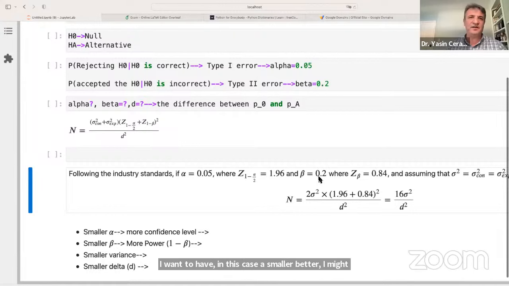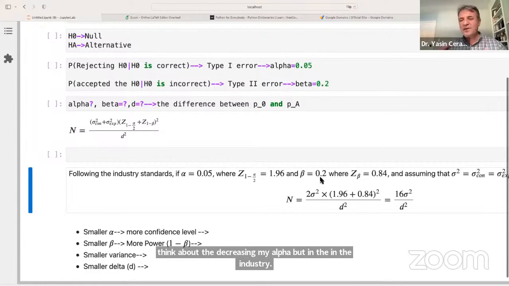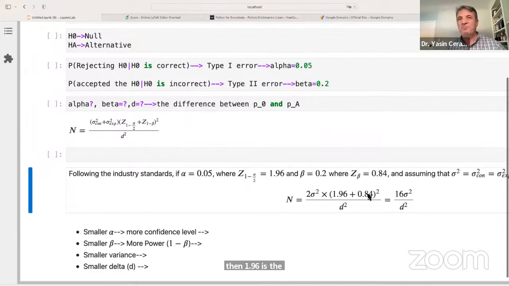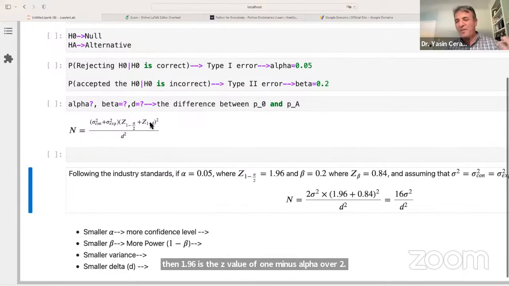But in the industry, in general, there are two values that we use. That's why we come up with this value 16 sigma squared here. So in general, we set beta to 0.2 and alpha to 0.05. So given these two values, and then assuming that sigma squared is same for both groups, 2 times sigma squared is coming from these two sigmas, and then 1.96 is the z value of 1 minus alpha over 2, and 0.84 is the z value of 1 minus beta.